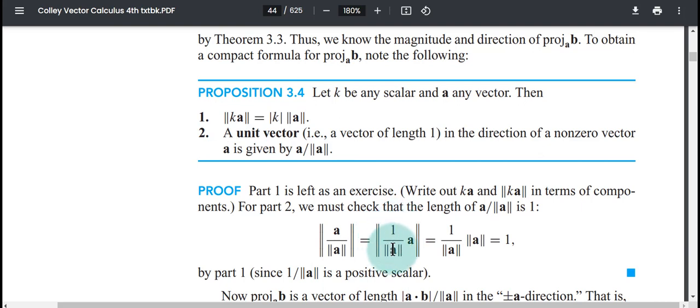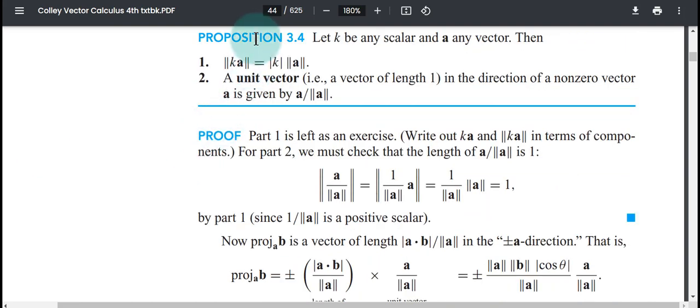So we're taking this, which is a constant, outside of the double bars, and the double bars are only now around A. Then the top and the bottom are the same, so we clearly get 1. And so we've proved that this has unit length.